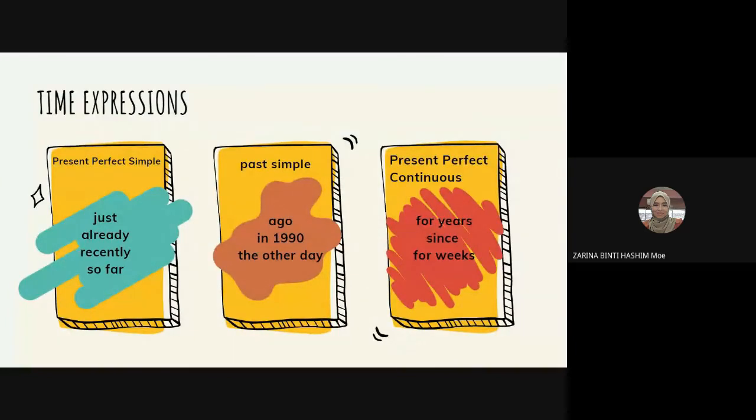Number 3A, they didn't mention time. So when there's no specific time, present perfect simple. Yes. So what is the answer? It's in the form of a question, so you have to start with the question.